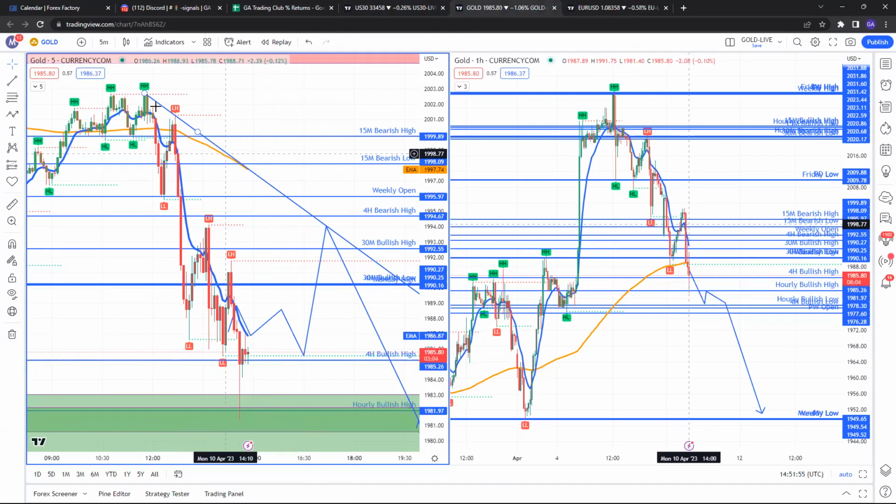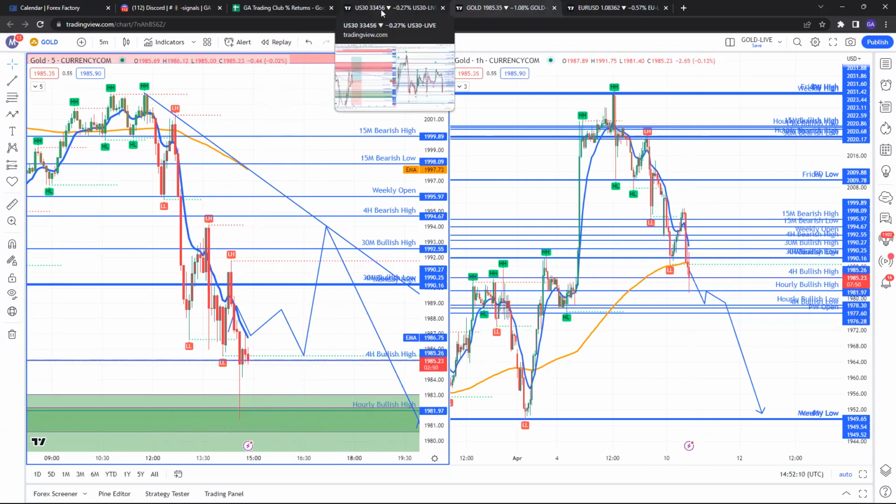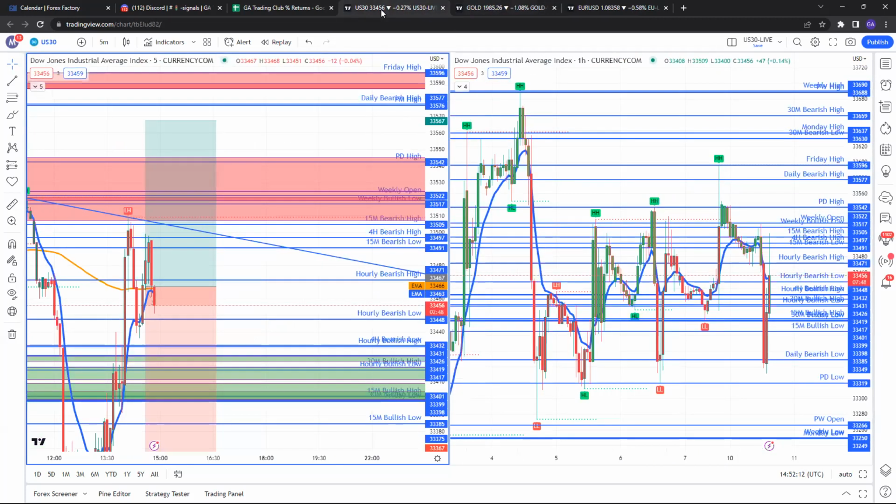But right now, you can see the trend line on EU is all the way up here. So unless price comes up and retests the trend line, that's the only place I would be looking to buy EU, if price retraces and comes up. But right now, the only trade I'm in is for US 30, this US 30 buy.